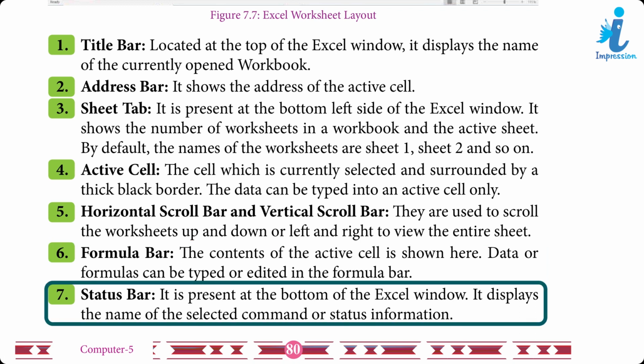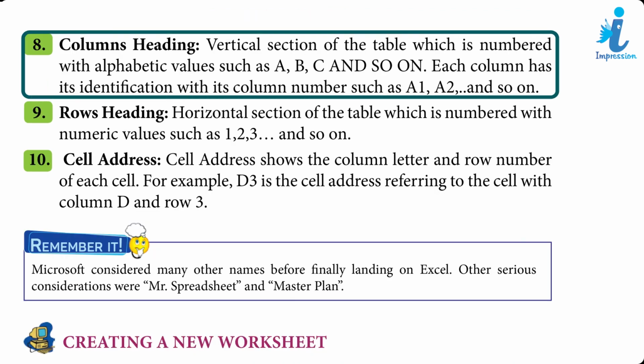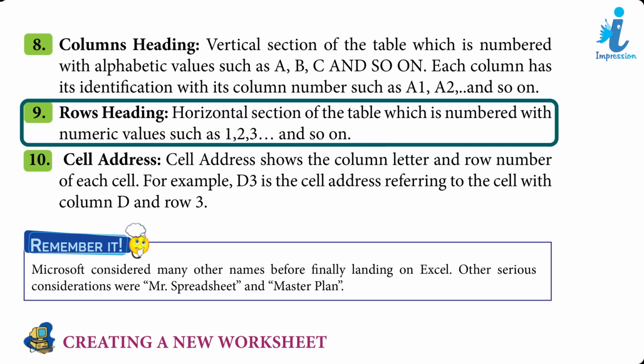7. Status bar. It is present at the bottom of the Excel window. It displays the name of the selected command or status information. 8. Column headings. Vertical sections of the table which are labelled with alphabetic values such as A, B, C and so on. 9. Row headings. Horizontal sections of the table which are numbered with numeric values such as 1, 2, 3 and so on. 10.